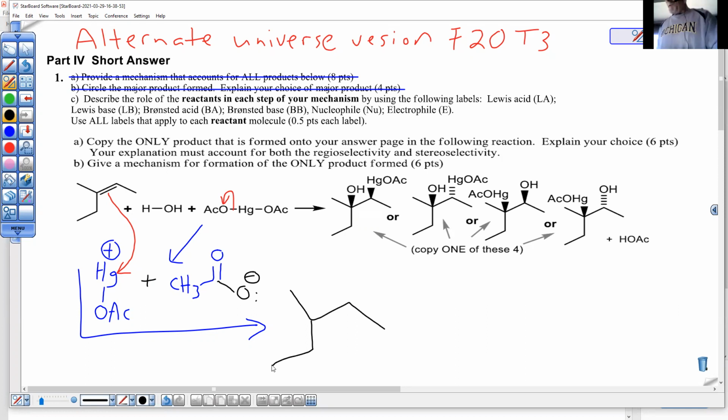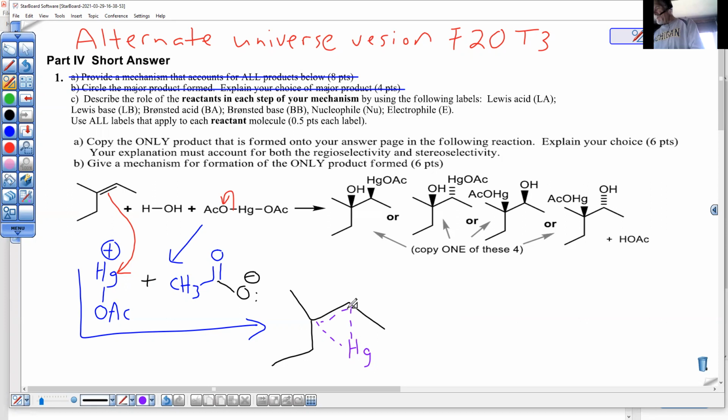And the mercury, how many arrows were used to make this intermediate? Just one arrow, 2 electrons. An arrow is 2 electrons. And what's going to happen is you're going to get a partial bond to mercury from one of the carbons that had the pi bond, a partial bond to mercury from the other carbon that was in the pi bond, and even a partial pi bond remains.